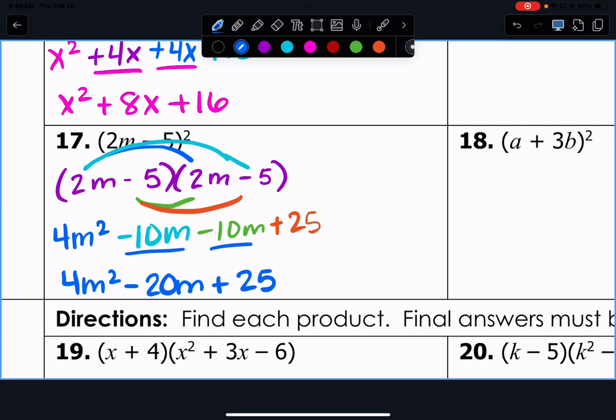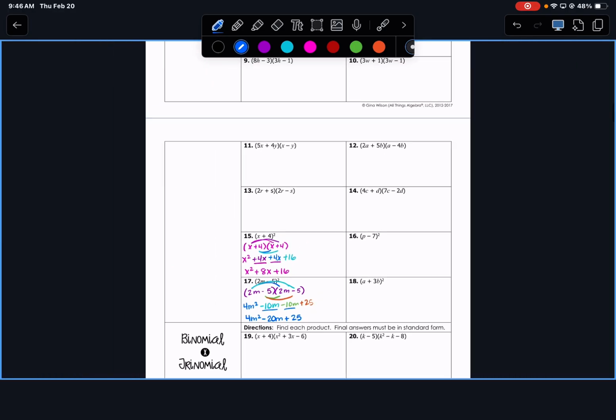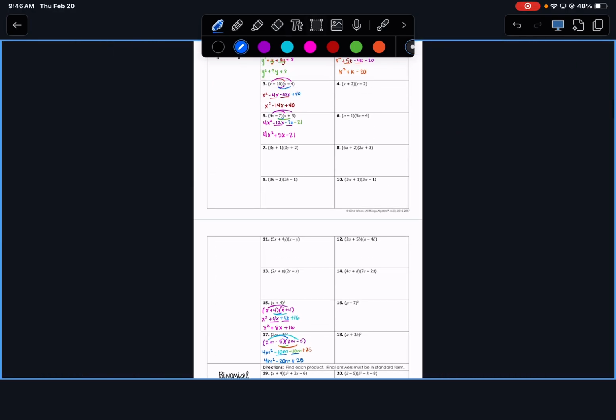All right. Y'all are responsible for doing 4 through 18 even. So I want you to do 8 questions for me. Now, I have a sheet that I can print off that's got you doing 30.